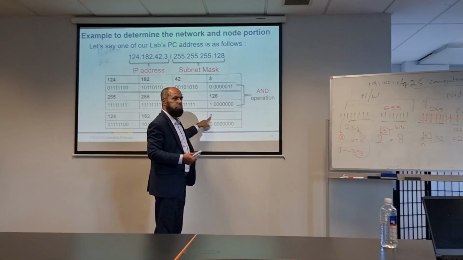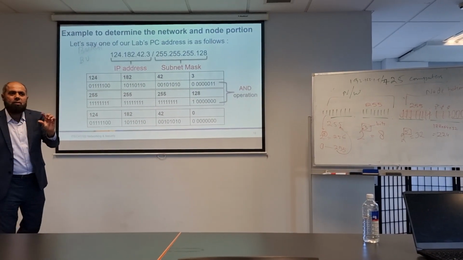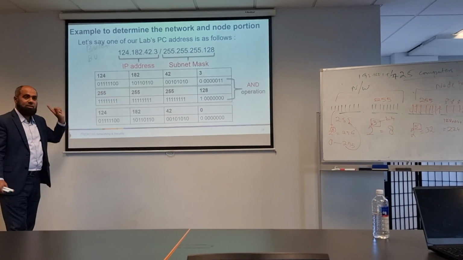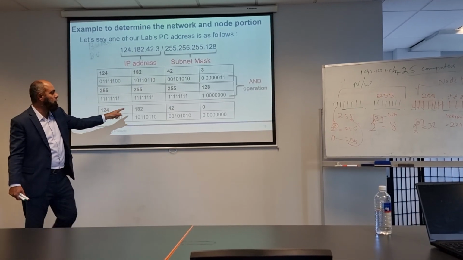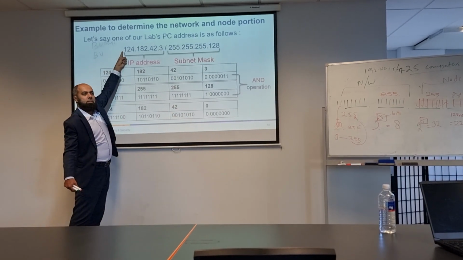But the last octet becomes 0 when you do the AND. So the start of this network is 124.182.42.0, and my computer's IP address is this one.